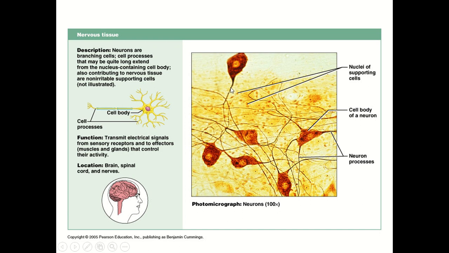The function of the neurons, of course, is to transmit the electrical signal from the sensory receptor to the effector, which will give a response to either an internal or external stimulus, and it helps to control your activities. The location, you can find it inside your brain, spinal cord, and also the nerves.